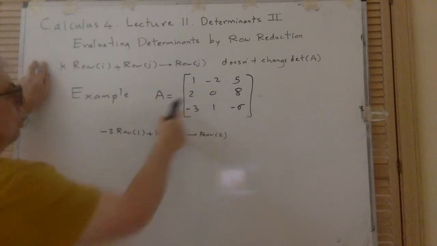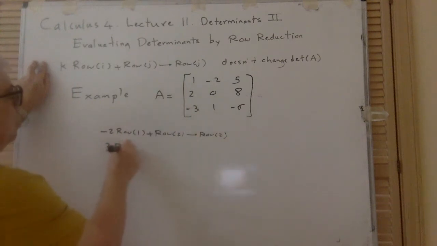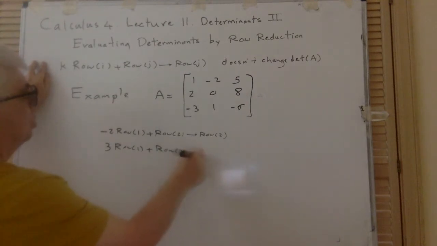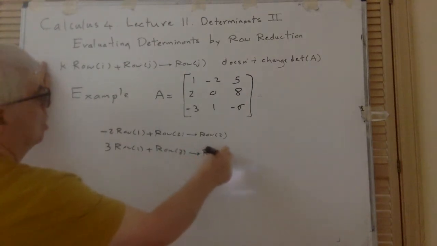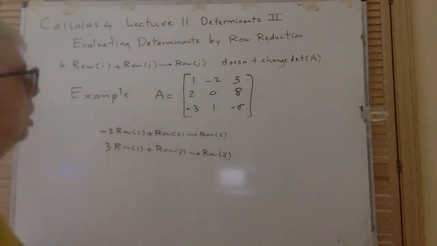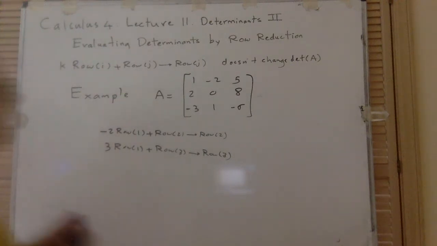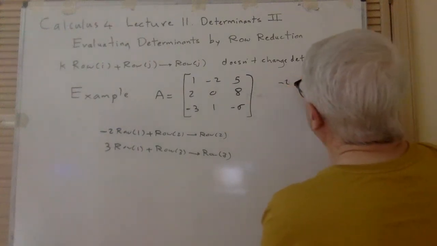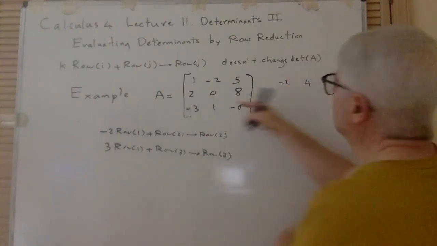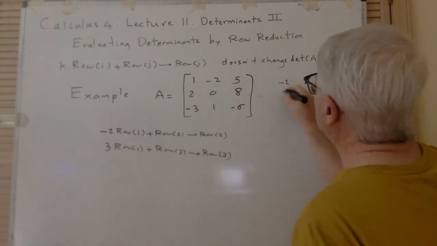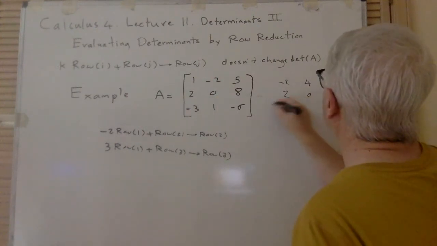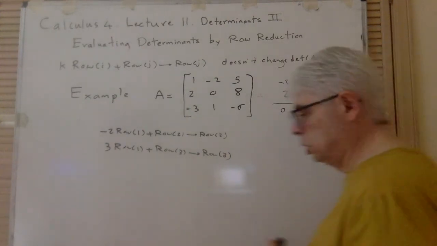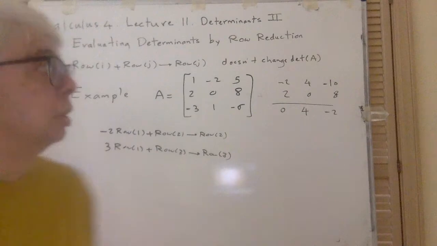And the other one, I have to get rid of this: 3 times row 1 plus row 3 goes to row 3. So minus 2, 4, minus 10 added to 2, 0, 8. I will get 0, 4, minus 2. So 0, 4, minus 2 will be the second row.